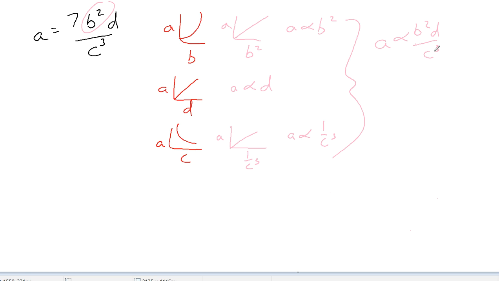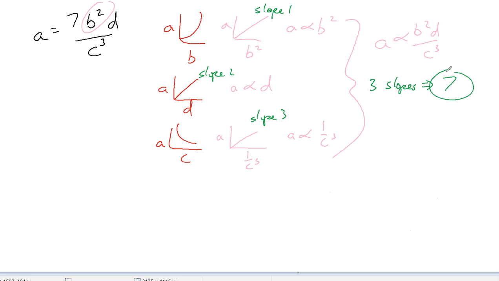To get that constant, I would find the slope for this one, slope number 1, the slope of this one, slope number 2, and the slope of this one, slope number 3. If I multiply those 3 slopes together, the product would be 7, and that's why there's a 7 in the front.